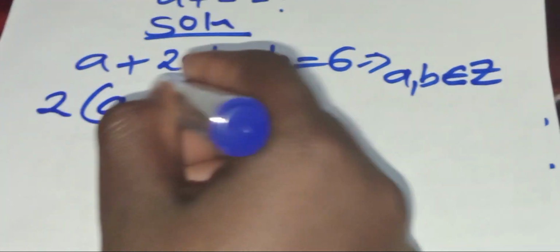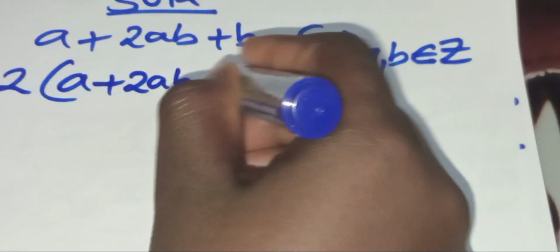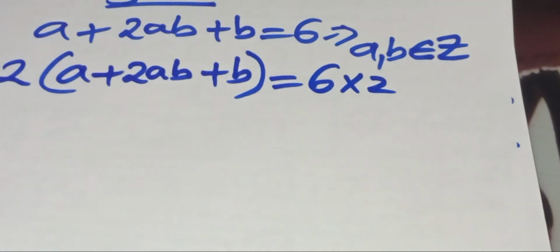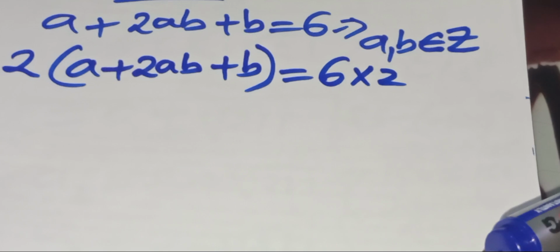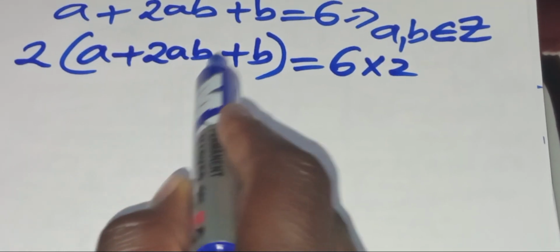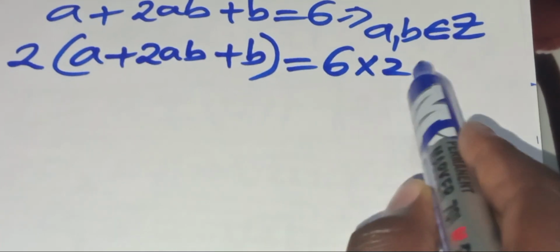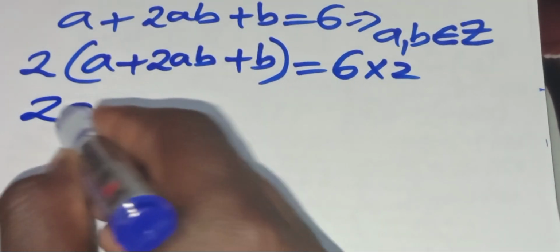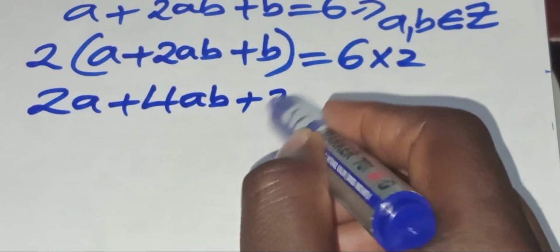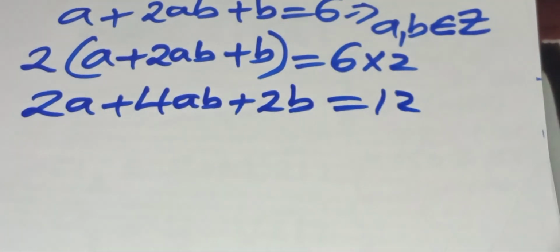Now we multiply both sides by 2. So we'll have 2 times a plus 2ab plus b, this is equal to 6 times 2, so that we'll have 2a plus 4ab plus 2b, this is equal to 12.